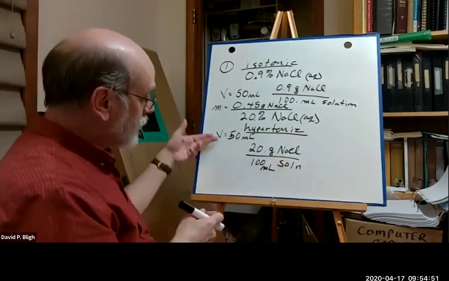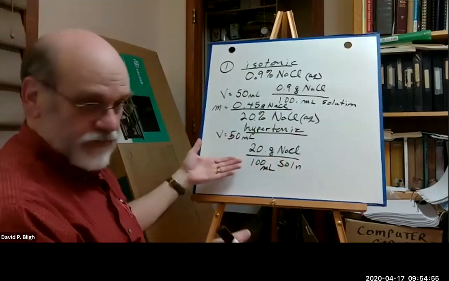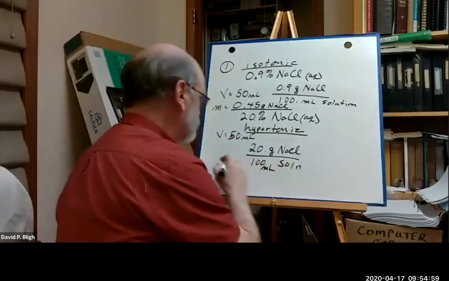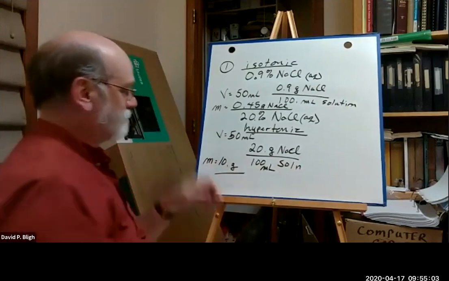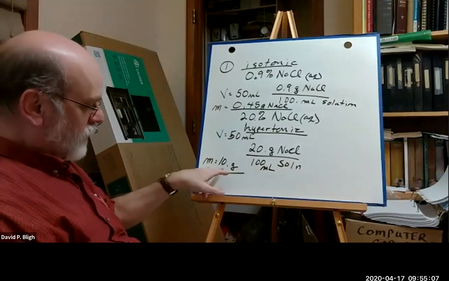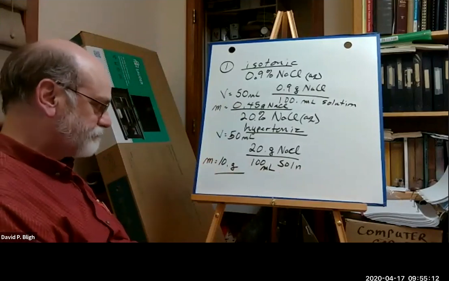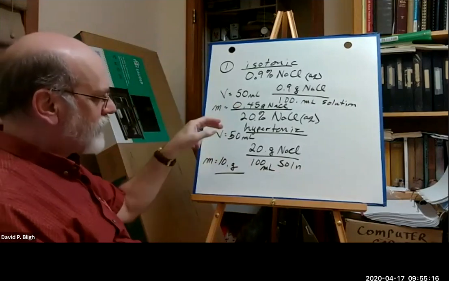Now if we only need 50 milliliters of this solution, how much sodium chloride do you need? Half. So you need 10 grams. Right? So you need 0.45 grams here, 10 grams here, in 50 milliliters of solution. Okay, that's our hypertonic.